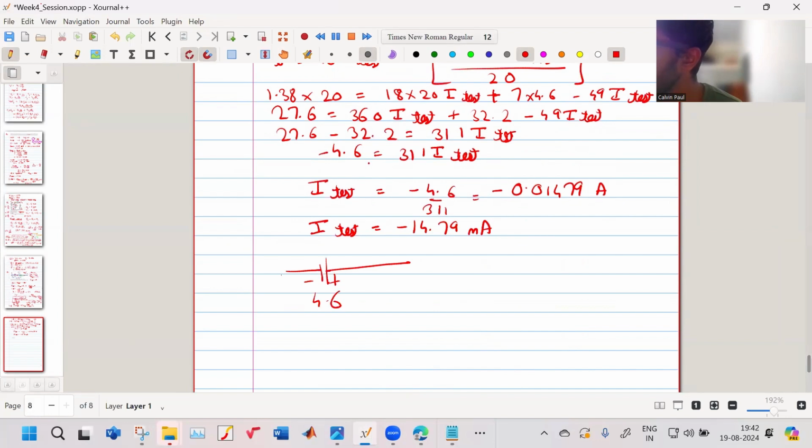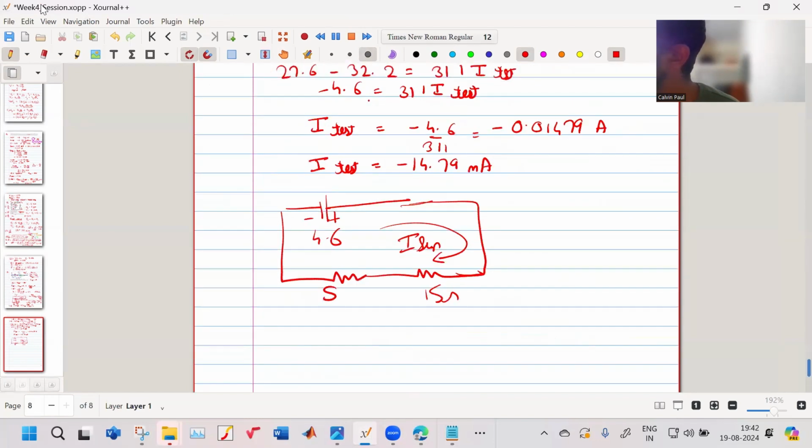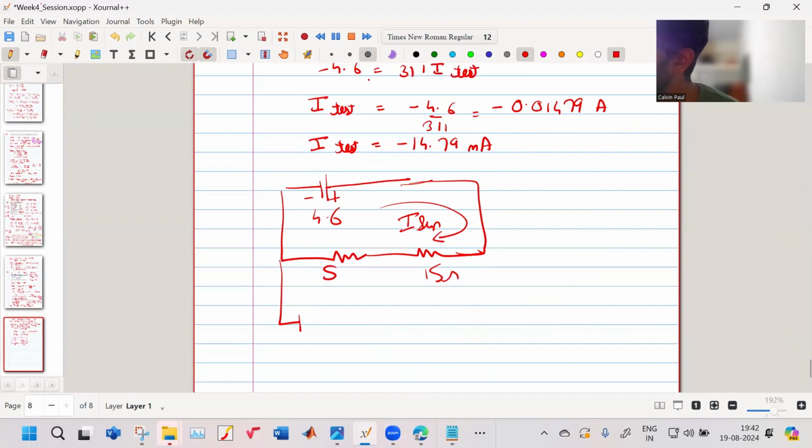This is your E supply, this is your 5 ohm, this is your 15 ohm, this is your I supply, right? This is your 1.38 volt. This is your 11 ohm resistor. This is your galvanometer, which you neglected, and this is your I test. So you can similarly solve.